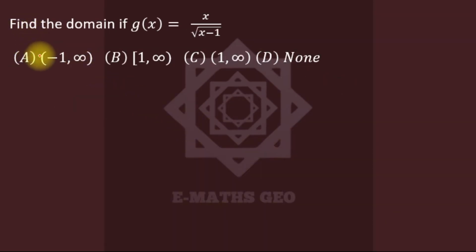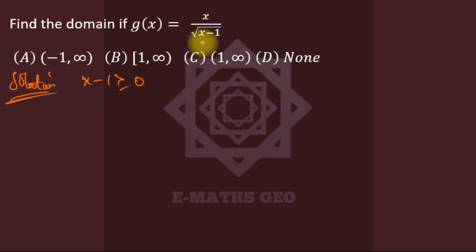Find the domain of this function. As we've said, the domain is the set of numbers that makes the formula defined. For this to be defined, we see that the denominator, remember this is a square root function, so x minus 1 must be greater than or equal to 0.